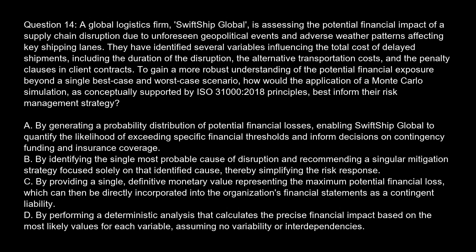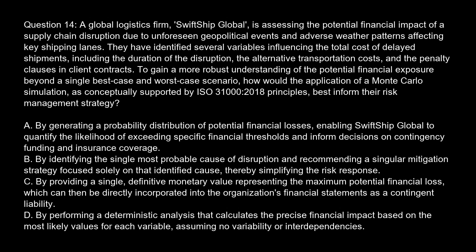Option A. By generating a probability distribution of potential financial losses, enabling Swift Ship Global to quantify the likelihood of exceeding specific financial thresholds and inform decisions on contingency funding and insurance coverage. Option B. By identifying the single most probable cause of disruption and recommending a singular mitigation strategy focused solely on that identified cause, thereby simplifying the risk response.